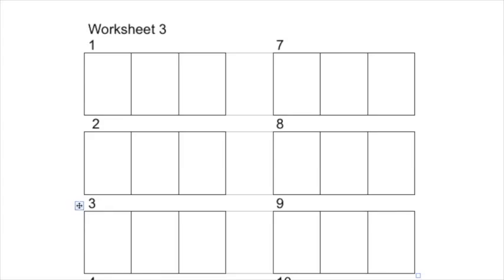So if the S sound is at the beginning, write the S in the first box. If the S sound is in the middle, write the S in the middle box. And if the S sound is at the end, write your letter S in the end box.